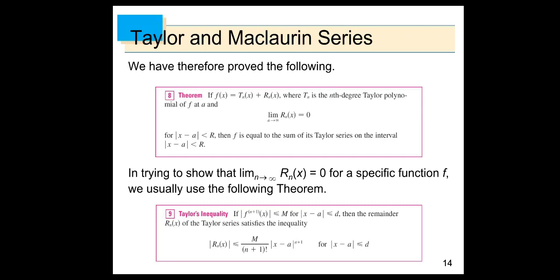In trying to show that the limit of R sub n of x is equal to 0 as n approaches infinity for a specific function f, we usually use the following theorem, that is number 9, Taylor's inequality.